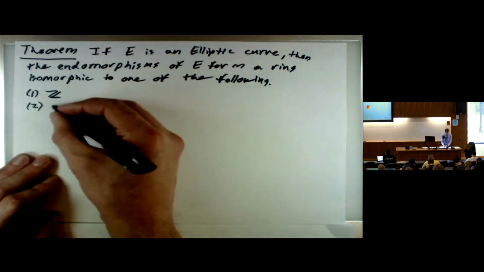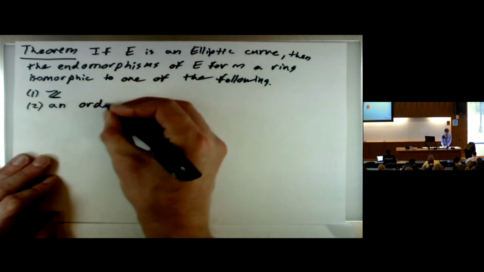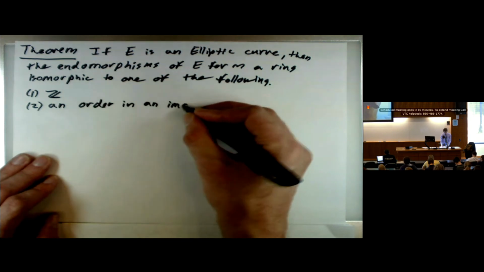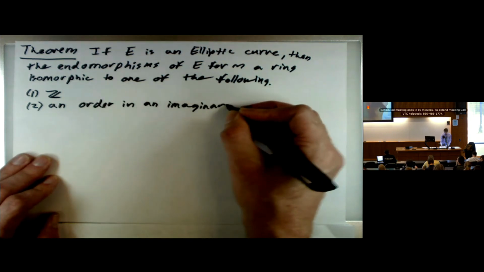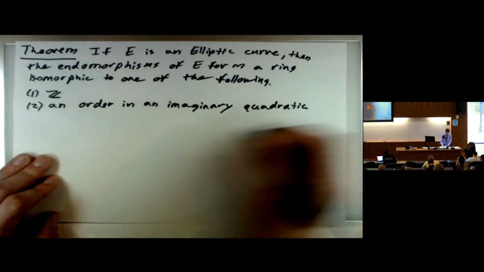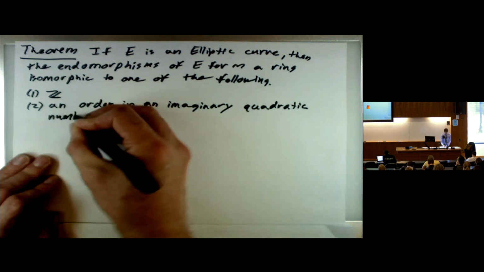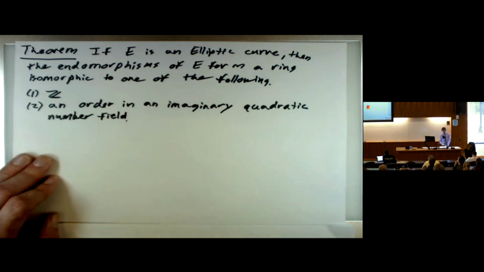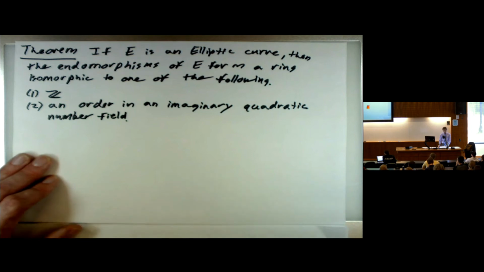Then second option, an order in an imaginary quadratic number field. I'm not sure if you know what the general concept of an order is. It's not that important to us for our purposes. Here it's a subring of some kind.